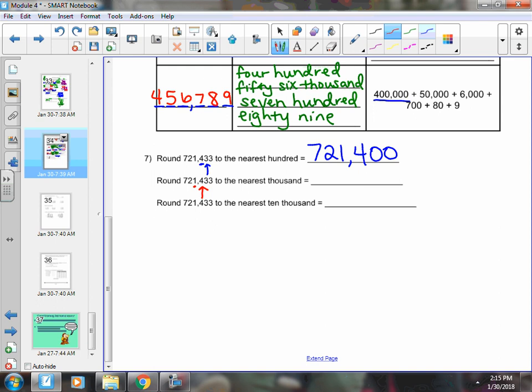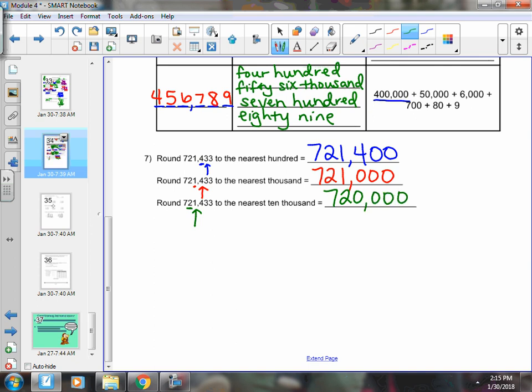A 4 also tells us to keep it the same. So keep that 1 a 1, make everything after the thousands place a 0. And the last one, we're going to round to the nearest 10,000. Look at what comes after it, and it's a 1. And that also tells us to keep it the same. Keep that 2 a 2, make everything after it a 0.